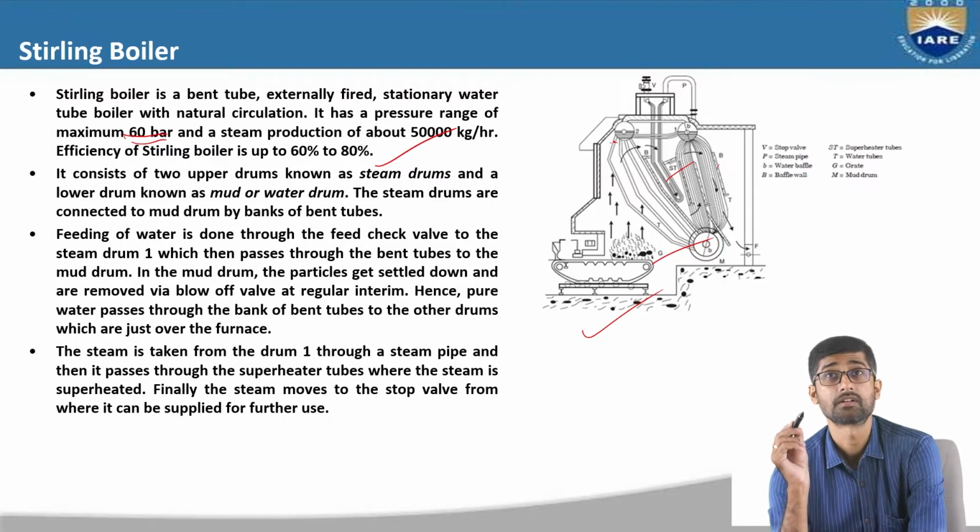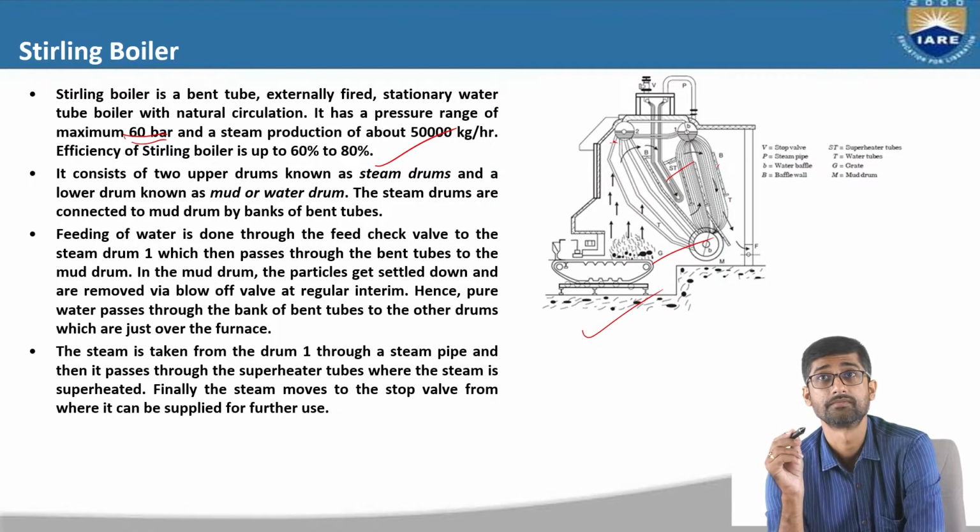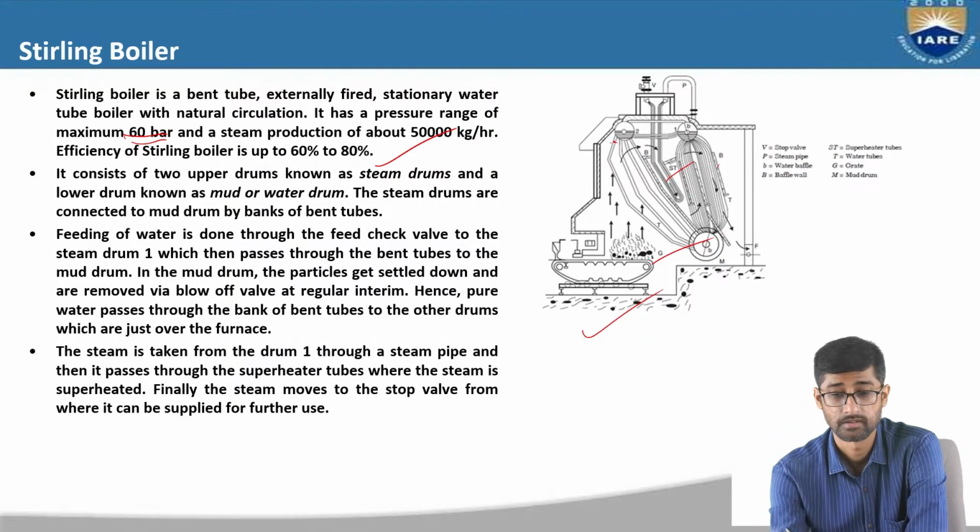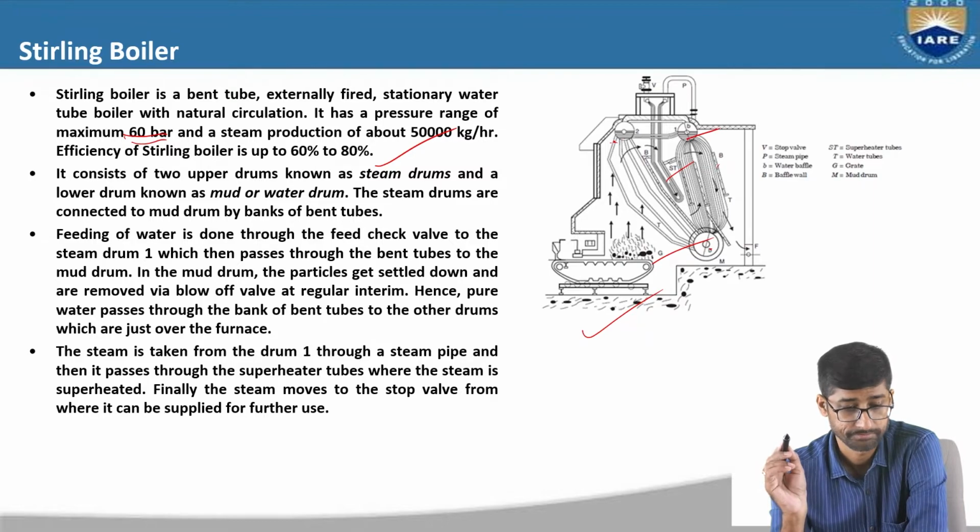Now, feeding of water is done through this feed check valve to steam drum 1, which then passes through these bent tubes to the mud drum. In the mud drum, the particles get settled down and they are removed through this blow-off valve at regular intervals.